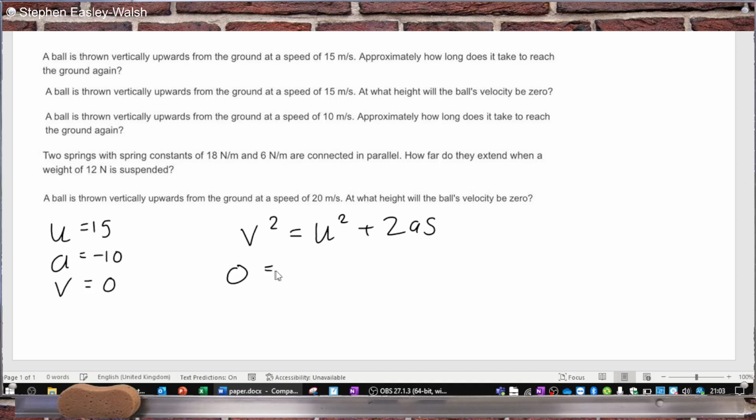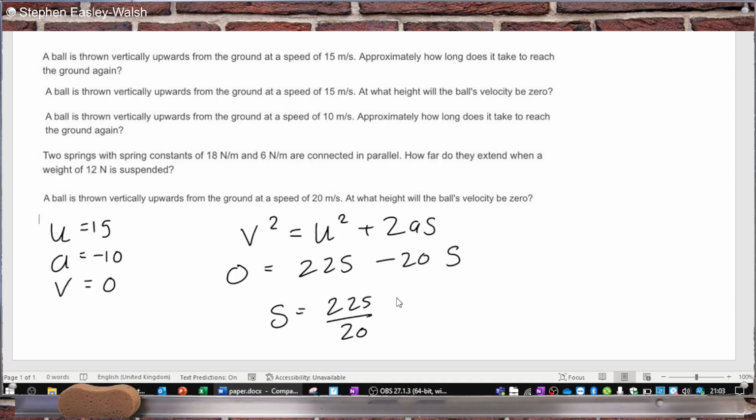So that means 0 equals 15 squared, which I think is 225. And then 2A, it's minus 20S. So solving this equation, you get S is 225 over 20. Oh, now there's multiple choice answers which aren't on the screen.